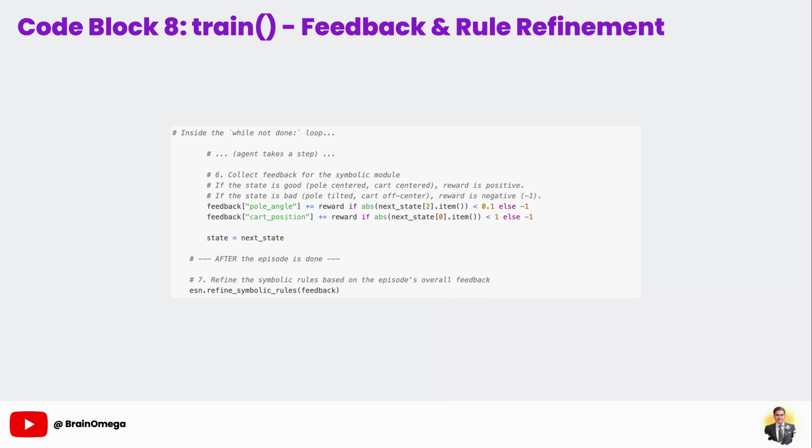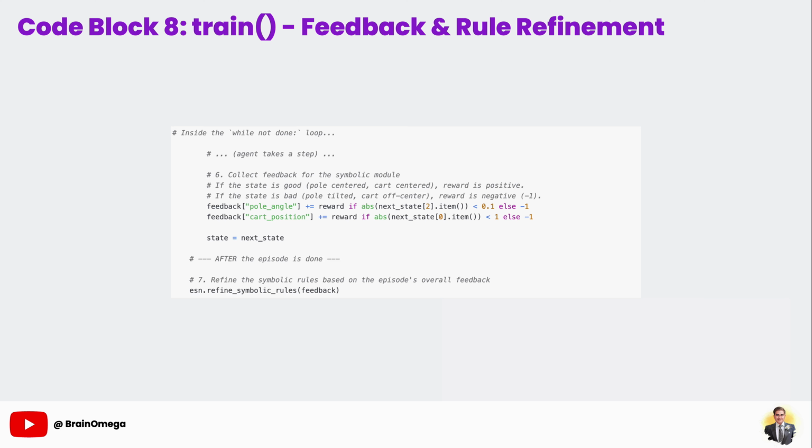This slide shows the part of the code where our hybrid neuro-symbolic approach really comes to life. Inside the step loop, after our agent acts and receives a reward, we update a feedback dictionary. This is separate from the main reinforcement learning process. We're essentially creating a simple credit assignment system for our rules.